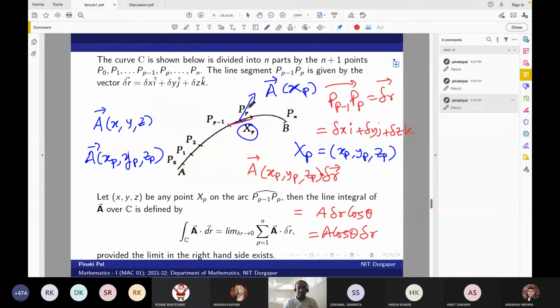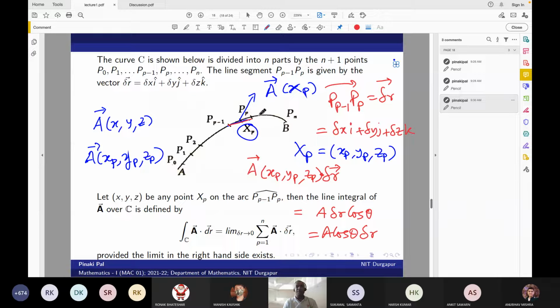And in a general pth element of the curve or the line, we are considering an arbitrary point xp, and there we are calculating the vector function, which is the function involved in the integration process in this case. And then we are taking the component of this along the pth line segment pp minus 1 pp.